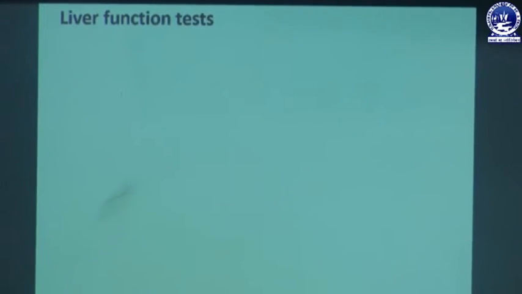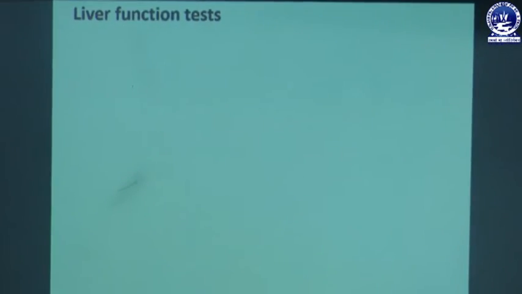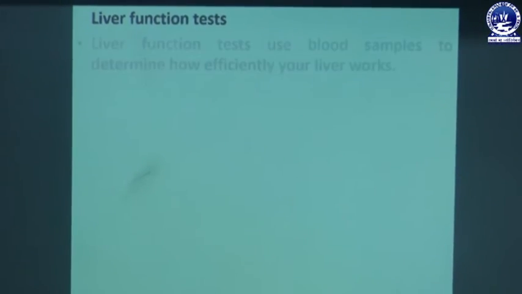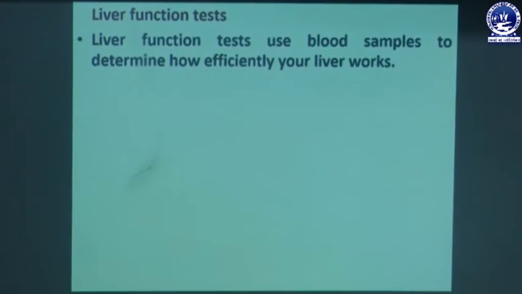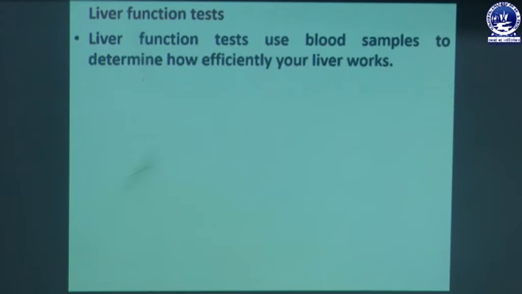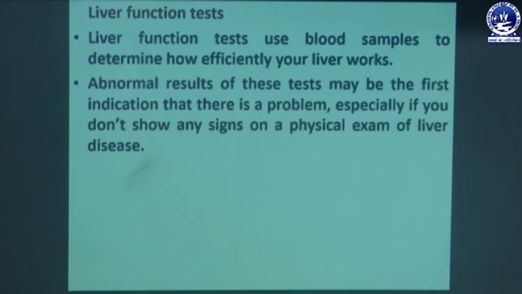Next is the liver function test. There are different tests through which we can test the liver function. Liver function tests use blood samples to determine how efficiently your liver works. Abnormal results of these tests may be the first indication that there is a problem, especially if you don't show any signs of liver disease on a physical exam.